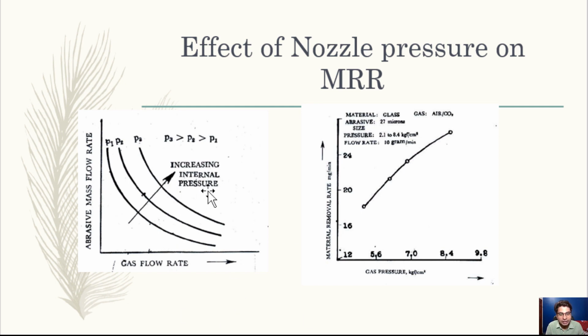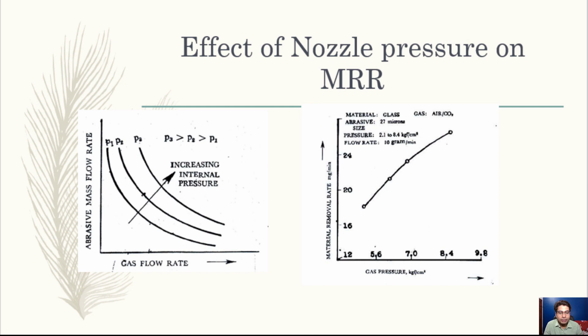With the increasing internal pressure, the abrasive flow rate increases. As the internal gas pressure increases, abrasive material flow increases and thus MRR increases. As a matter of fact, the material removal rate will increase with the increase in gas pressure.